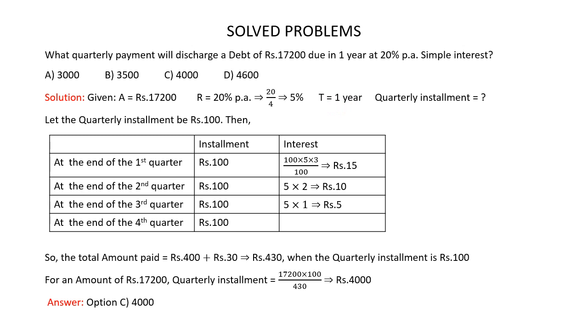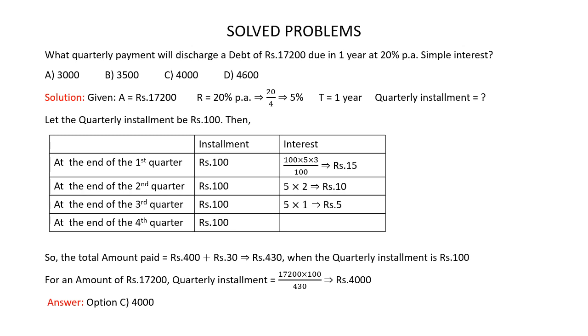Now 1 year has 4 quarters and we are asked to find the quarterly installment here. So let's assume that the quarterly installment is rupees 100. Now the amount has to be paid off by the end of the fourth quarter. So payment has to be made for 4 quarters.